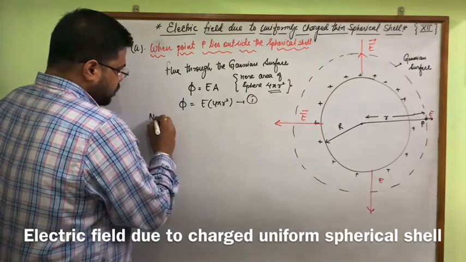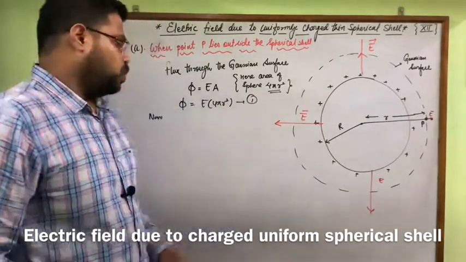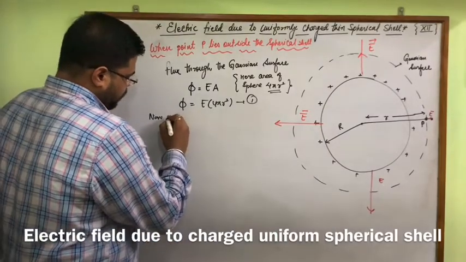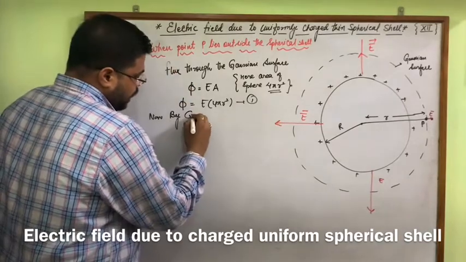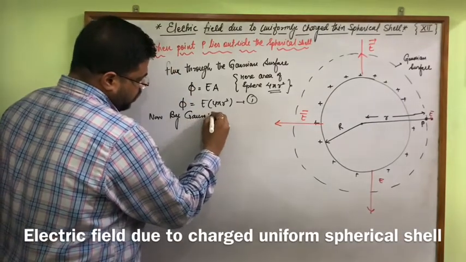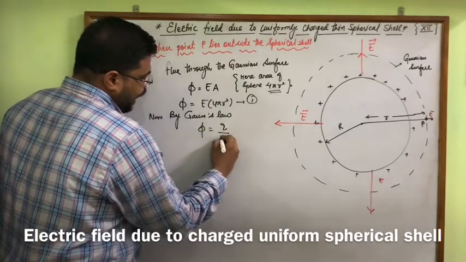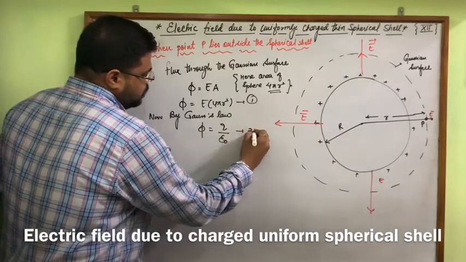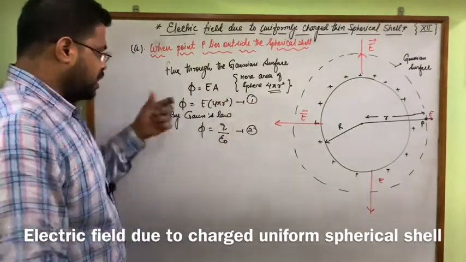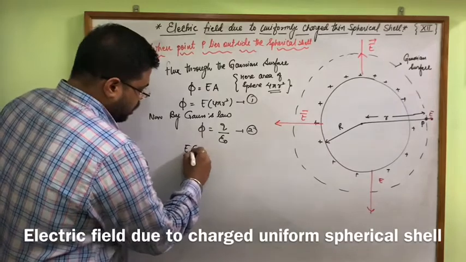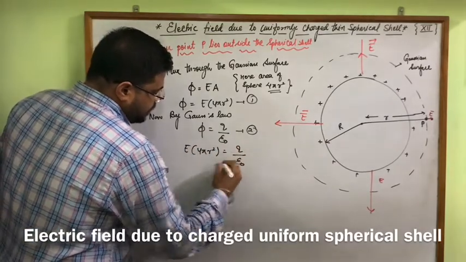Now very simple, the same steps as application number 1 and 2. By Gauss's law, we know that phi equals Q by epsilon naught. Call this equation number 2. From equations 1 and 2 we can write E times 4 pi r squared equals Q upon epsilon naught.